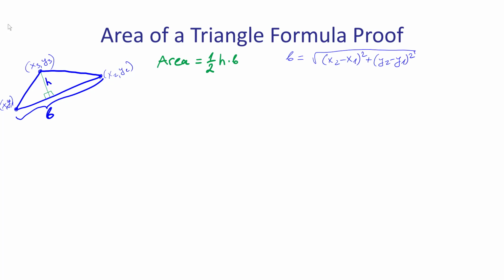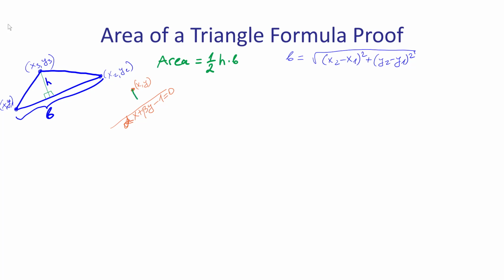The computation of distance h is a little bit more tricky. You need to know a little bit of analytic geometry and the formula for the distance between a given point and a straight line. So if you have some point, and then you have a straight line, and the point has coordinates x, y, and the straight line has, let's say, the equation alpha x plus beta y minus 1 equals 0, then the formula will be given the following way.